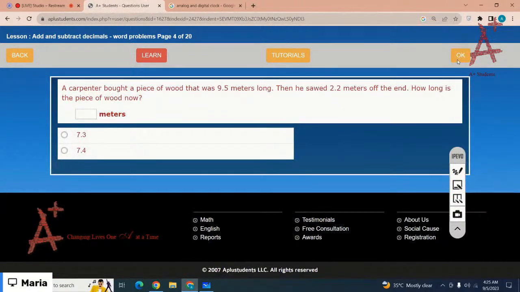A carpenter bought a piece of wood that was 9.5 meters long. Then he sawed 2.2 meters off the end. How long is the piece of wood now? Which is the correct option? What do you have to do?